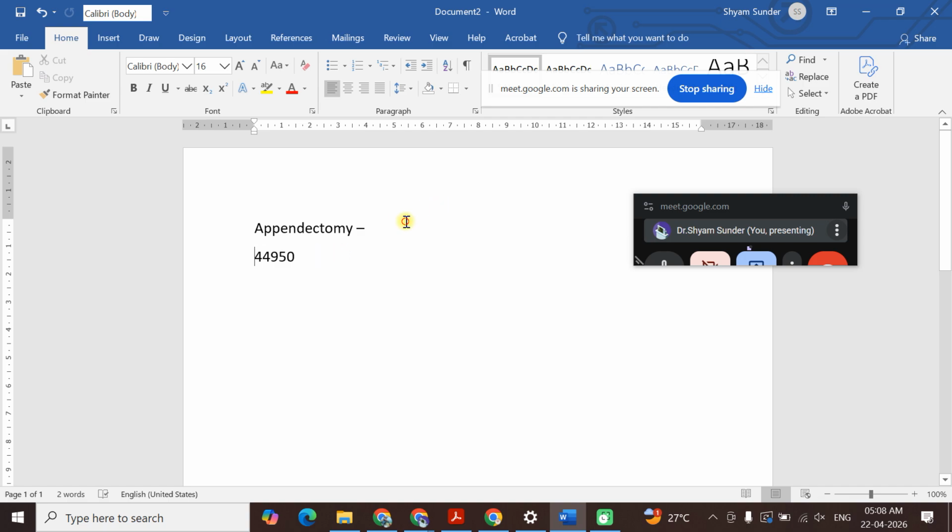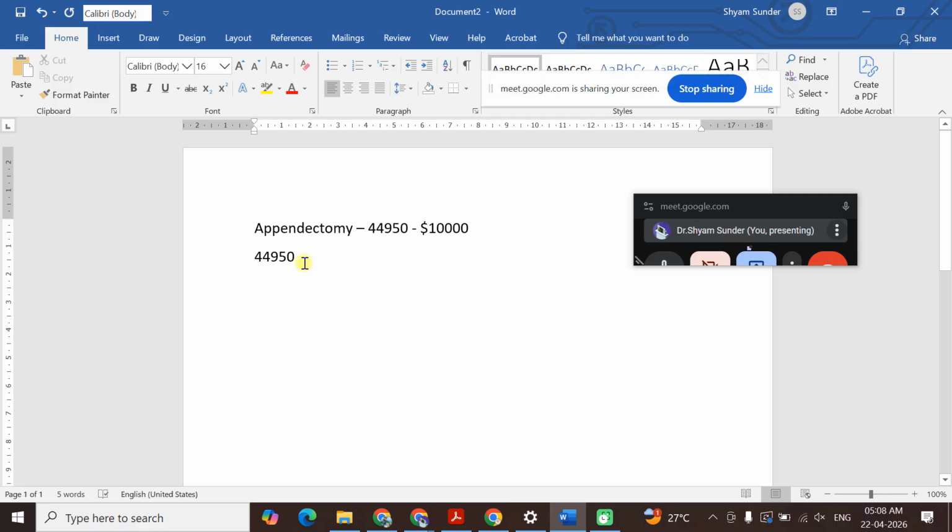Now for 44950, the dollar value we typically apply is, let's say, $10,000. That is for a typical surgery of 45 minutes or 1 hour. But in this case, the surgeon did the surgery for 2 hours.